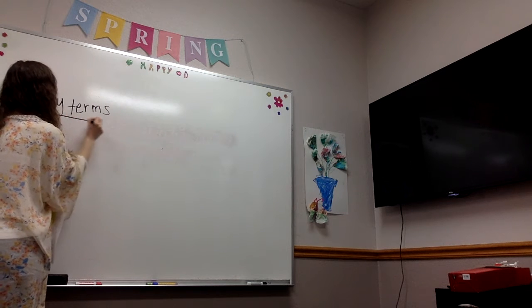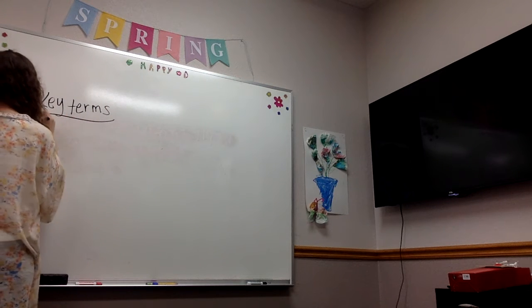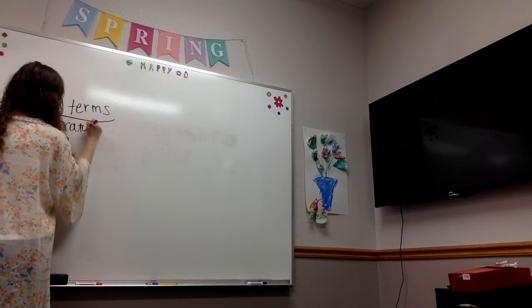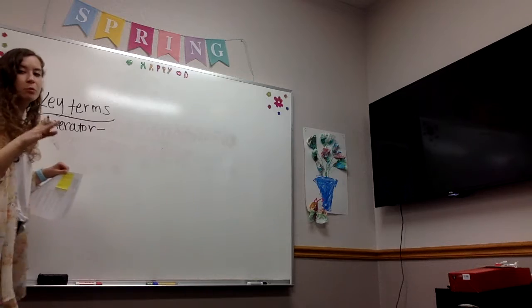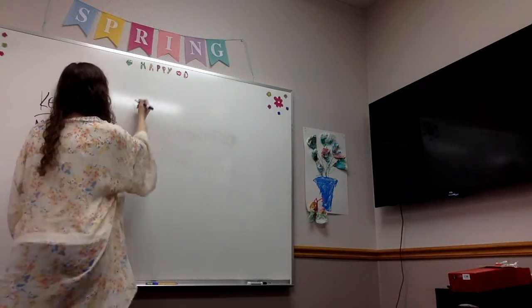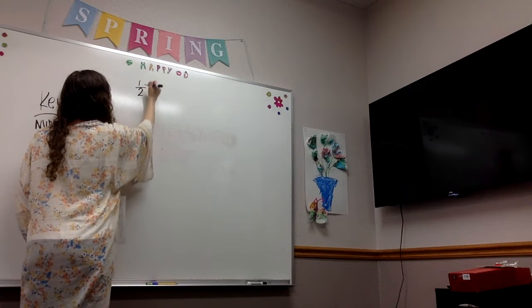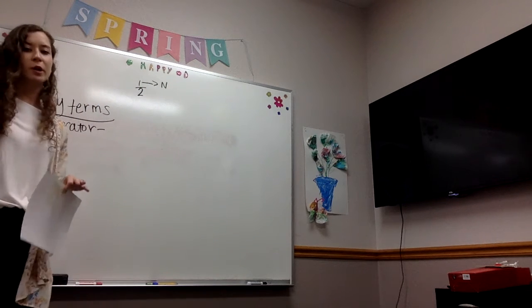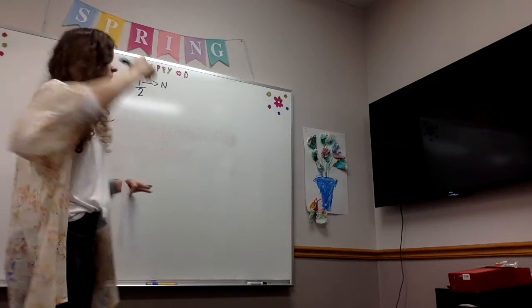The first one was numerator. So our numerator is our top number. In 1/2, this is our numerator. Our numerator is the top number, okay?